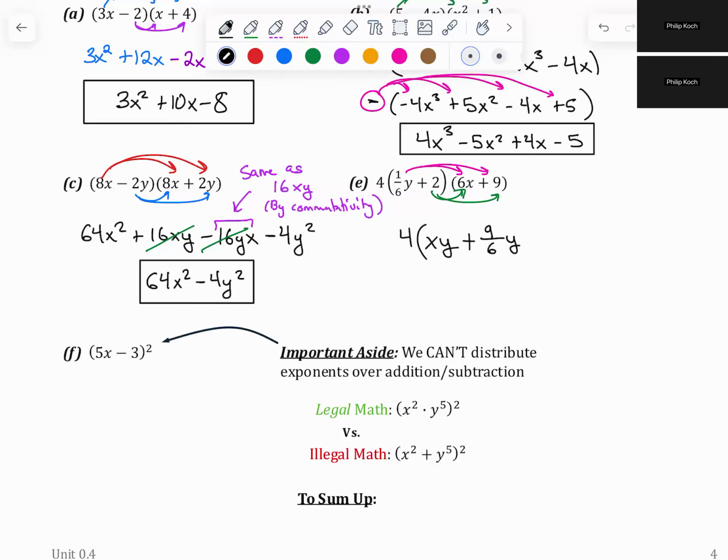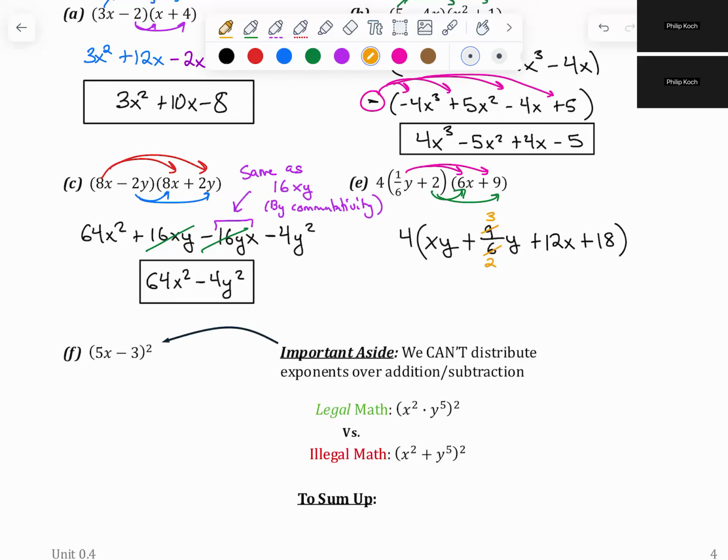Then we do the green distribution, so plus 12x plus 18. Now that I've written it down, I'm going to reduce that 9/6 because there's a common factor of 3. Canceling the 3 in the numerator leaves me with a 3, and canceling the 3 in the denominator gives me just a 2. So really, it's 3/2 y.